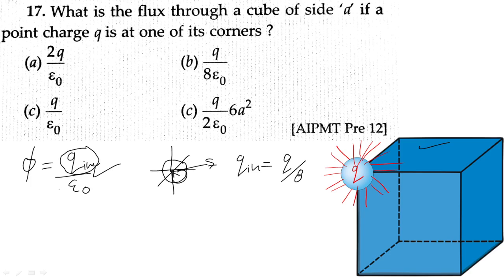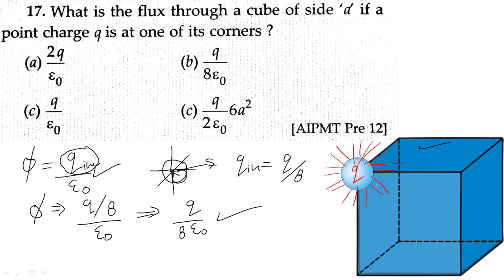Now for the flux calculation, the charge enclosed is Q by 8 and epsilon naught remains the same. So the flux passing through this cube would be Q by 8 epsilon naught.